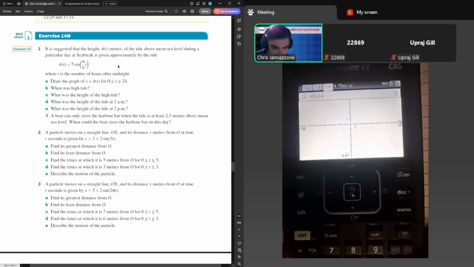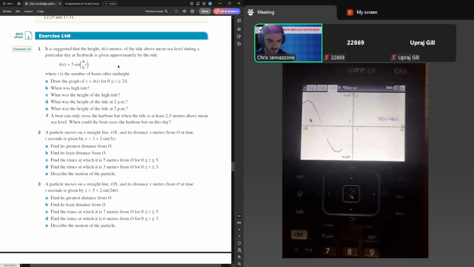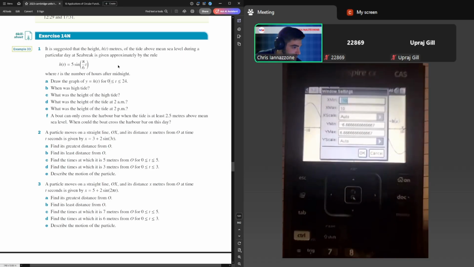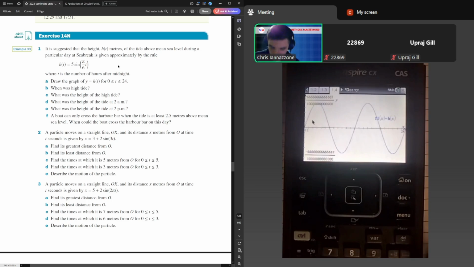So you do have to be aware of the fact that you have to rewrite things a little bit. But okay, that's our graph. I can even change the window settings a little bit to make more sense. It does say sketch from 0 to 24, so we're going to sketch from 0 to 24. And that gives us our graph.